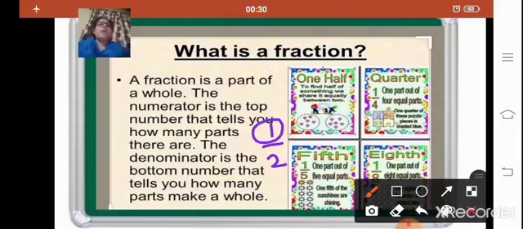The bottom number, called the denominator, tells us how many parts make a whole, or you can say into how many parts the whole is divided.